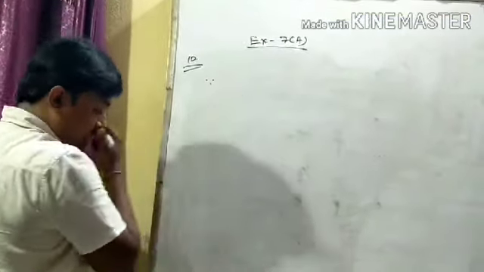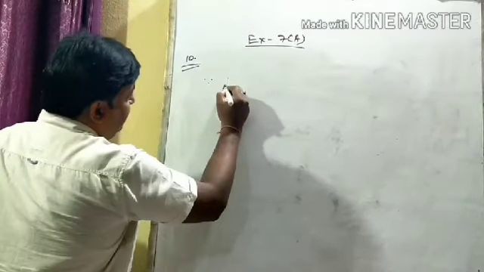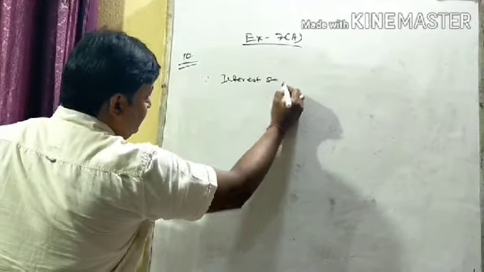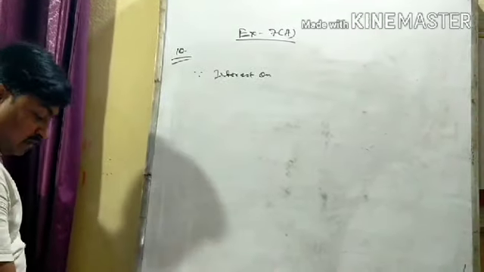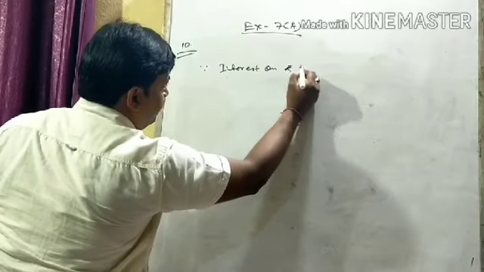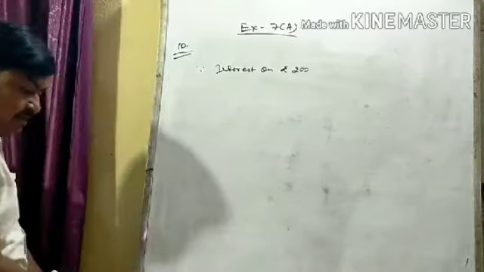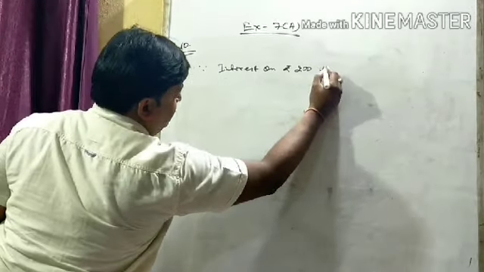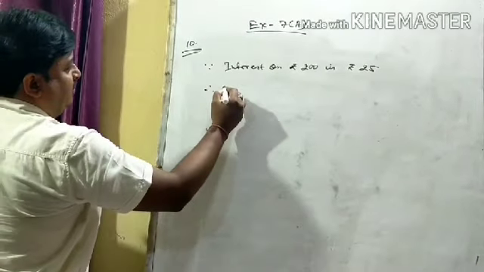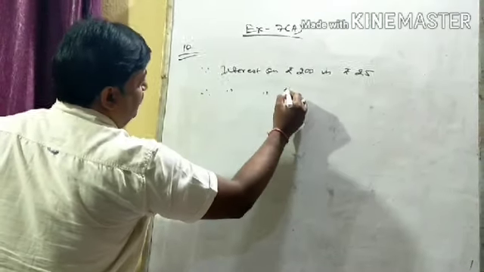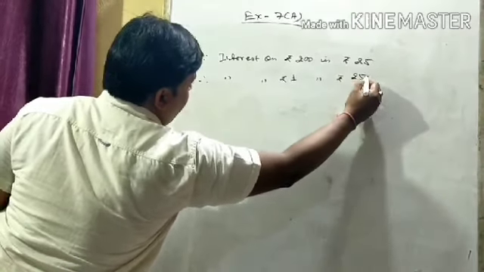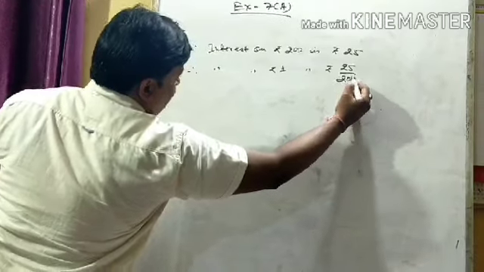So student, since interest on rupees 200 is rupees 25, therefore interest on rupee 1 is 25 by 200.